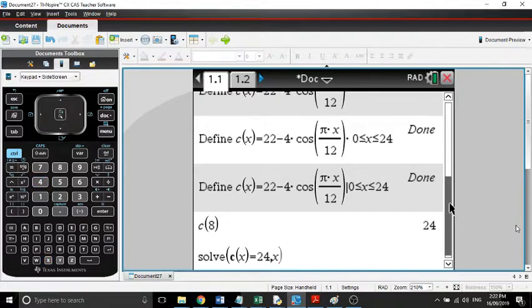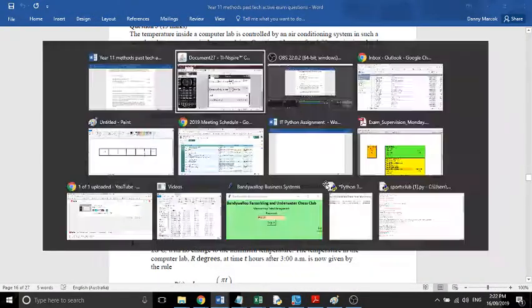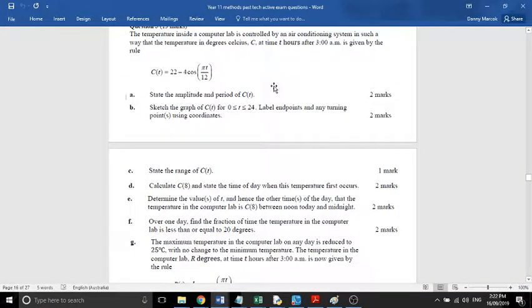So X happens at 8 and at 16. If it happens at X equals 8, that means it's happening at 11 a.m., because we're starting at 3 a.m. So C of 8 is 24 degrees, and the time is 3 a.m. plus 8 hours.